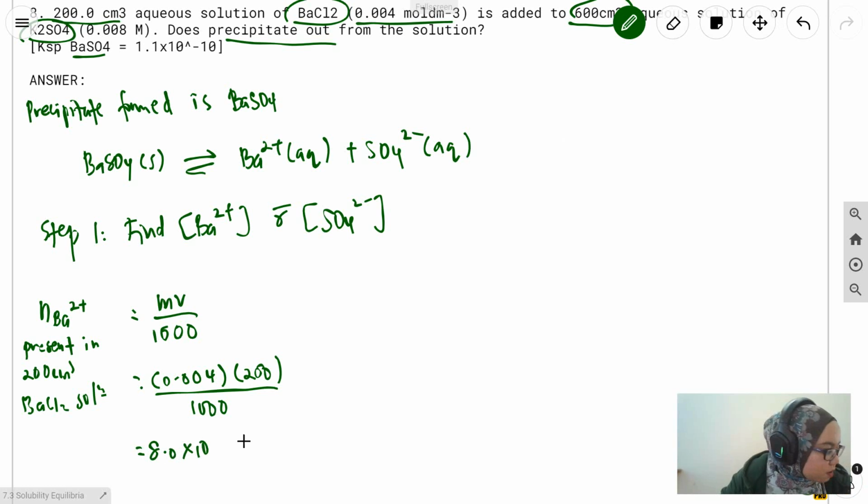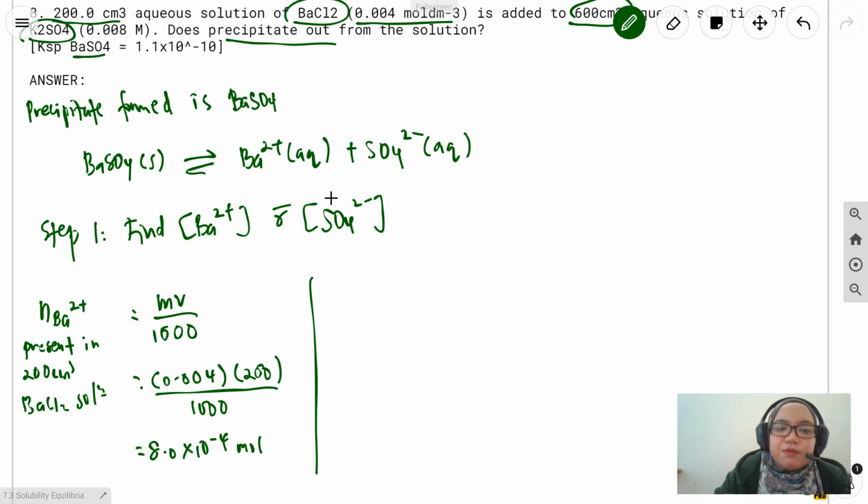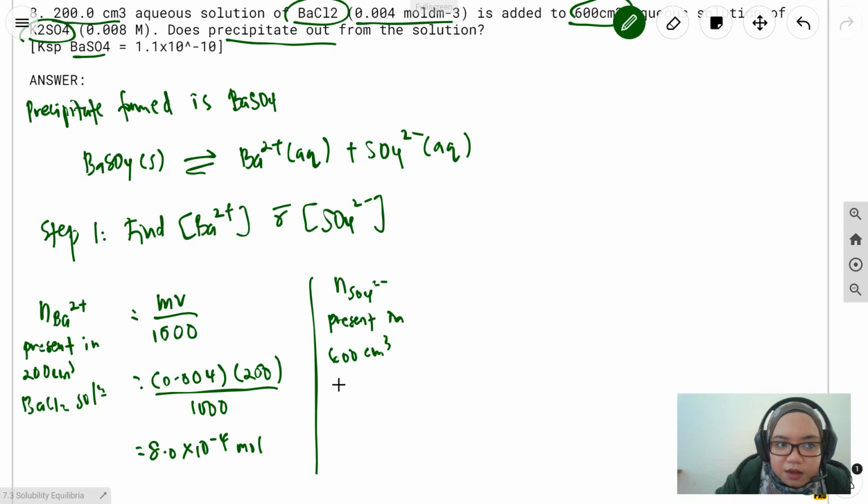8.0 times 10 to the power of negative 4 mole. Okay, next. Kita nak cari mole of SO4 2 minus. So, mole of SO4 2 minus present in 600 cm3 K2SO4 solution is equals to MV over 1000.